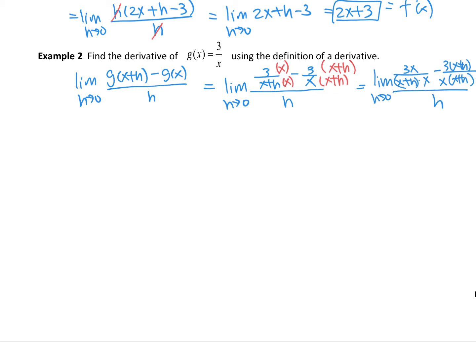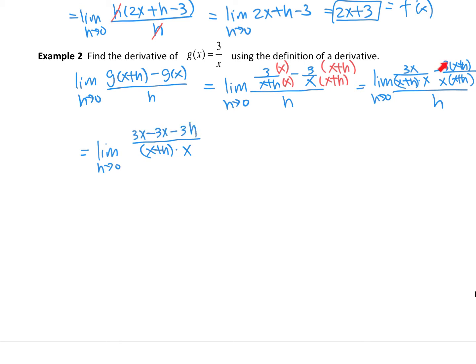So why do I need to do all that? Because now on the top they have a common denominator, so I can subtract them. In order to add or subtract fractions, I have to have a common denominator, right? So now I have x plus h times x on the bottom. On the top, I have 3x minus 3 times the quantity x plus h, so I can write 3x minus 3x minus 3h.